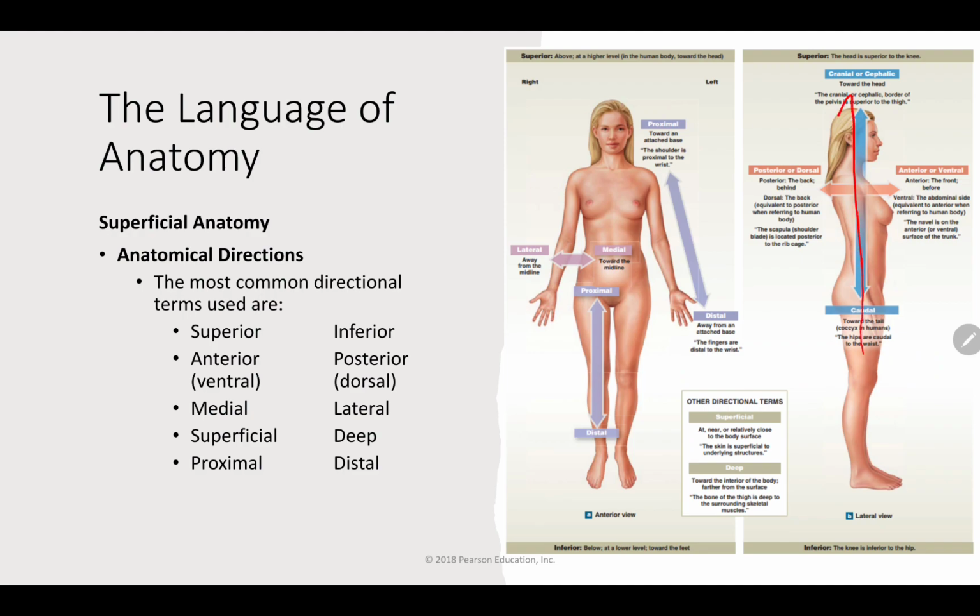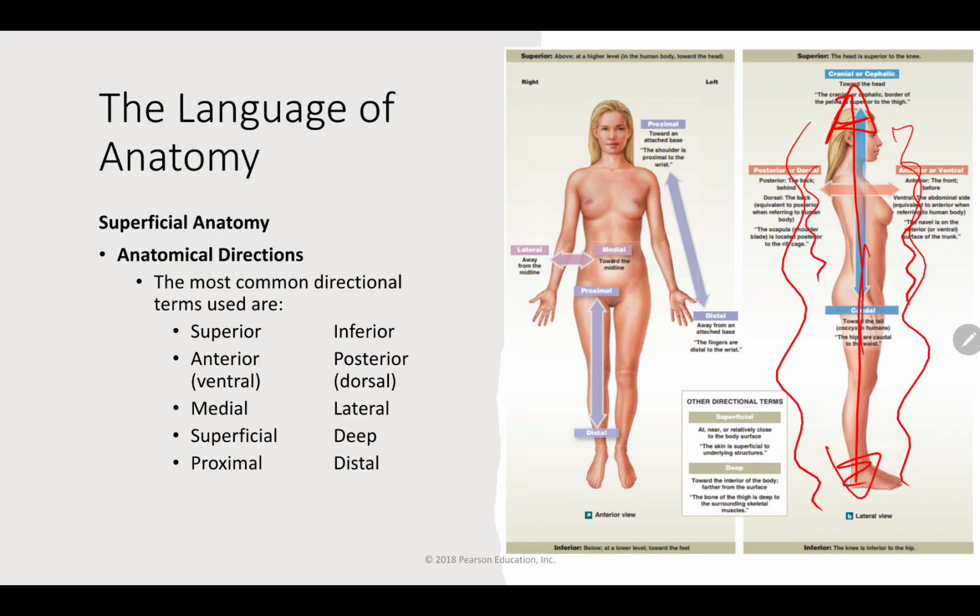Remember those different anatomical directions. Superior, going up toward the head. Inferior, going down toward the feet. Anterior, the front, or ventral, the front. Posterior, the back, or dorsal, the back. Medial, going towards the midline, toward the center.